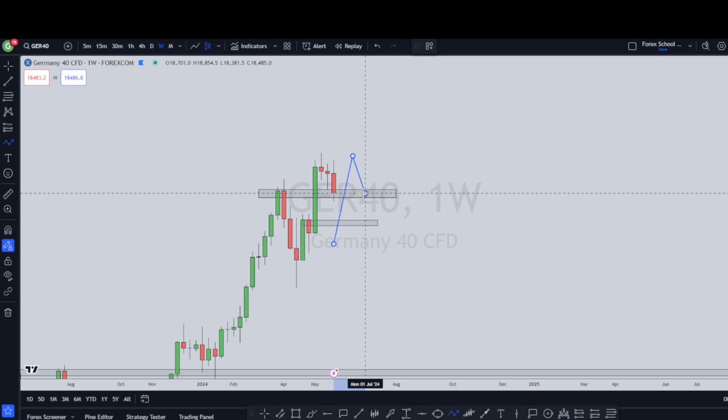If you look closely, you realize that it is testing this area of previous resistance, now turned support. The candle is still running, but it is testing this area of support, and we could see support hold this price to the upside.